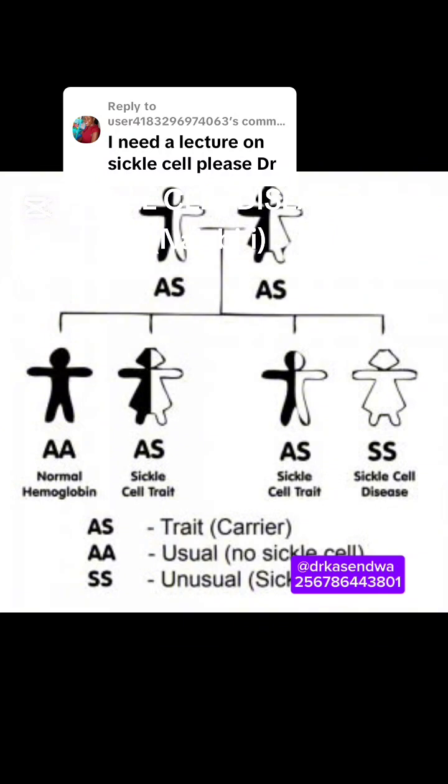That's why it is also called an autosomal recessive disease, because it will not manifest symptoms unless two genes are inherited. If it is only one gene that you inherit, it will be in recessive form. You will just carry the gene, but you will not manifest the symptoms. And the homozygous form is the severe form.